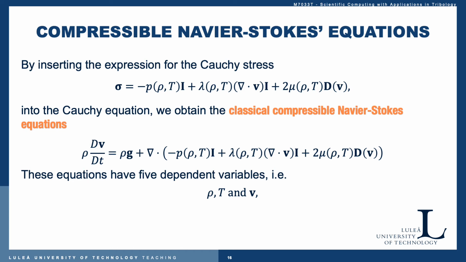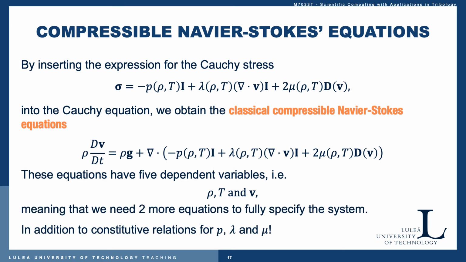The classical compressible Navier-Stokes equations, as we now have had a quite deep look into, have 5 dependent variables, and those are the density ρ, the temperature T, and the 3 velocity components V, U, and W. Which means that we need 2 more equations to fully specify the system.